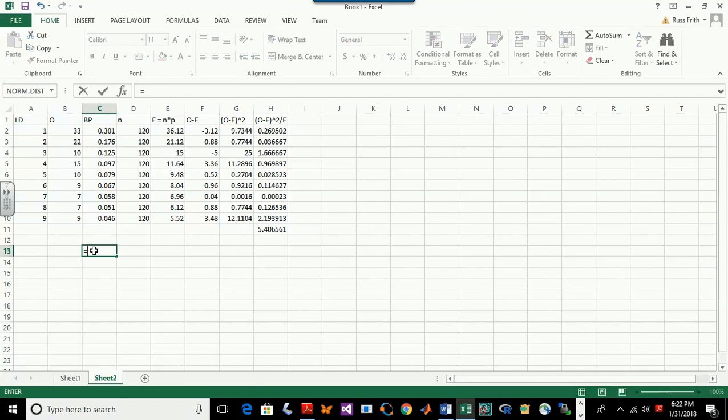Right tail chi-squared, so that would be chi-squared RT, our test statistic, which is that number, and the degrees of freedom. So what are the degrees of freedom? Well, we have 9 digits, so the degrees of freedom would be 9 minus 1, which is 8. And so our p-value is 0.7. The reason why it's different from the notes is, in all likelihood, I made a data entry error.